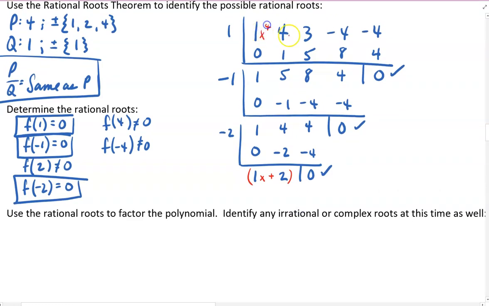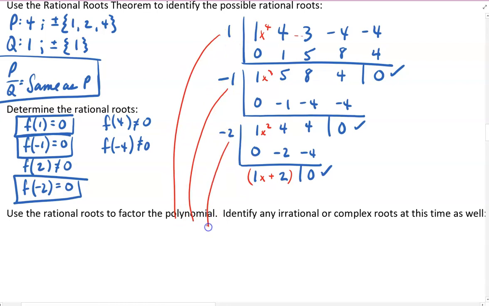We had started with an x to the 4th equation, reduced to x to the 3rd, x squared, so now finally x plus 2. So from that 0, and that 0, we knew that the factors were going to be x minus 1, then x plus 1, and then x plus 2, because these factors are the opposite of the zeros that we were checking.